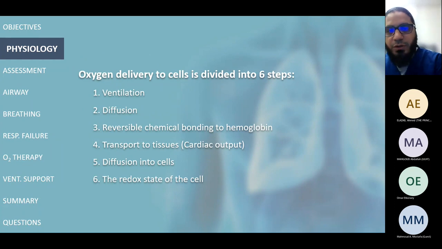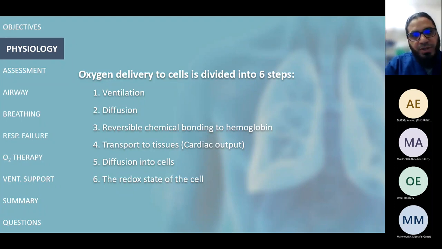For the oxygen to be delivered inside the cell, it goes through a very long journey from the atmospheric air down to the intracellular space. It goes through 6 steps. Each of them has its importance, and any defect in each of them has its different pathology.